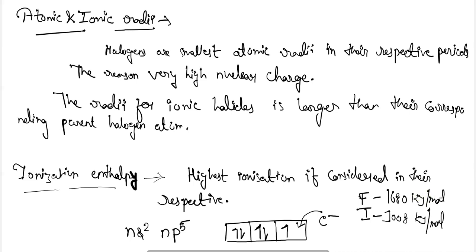So going down in the group, due to increase in atomic size, the ionization enthalpy decreases. Also, the screening effect is present in iodine, and due to this the ionization enthalpy is also decreased.